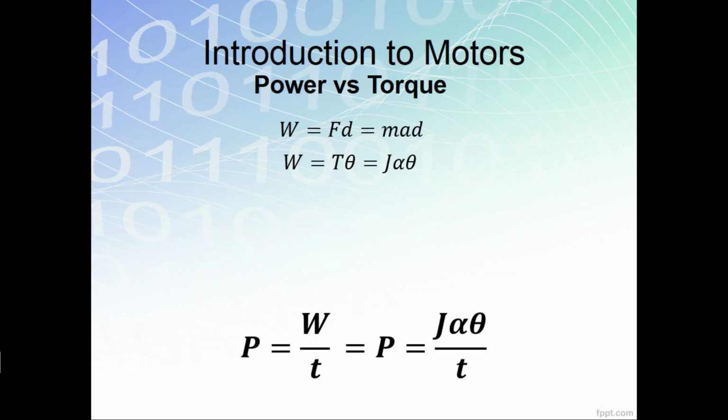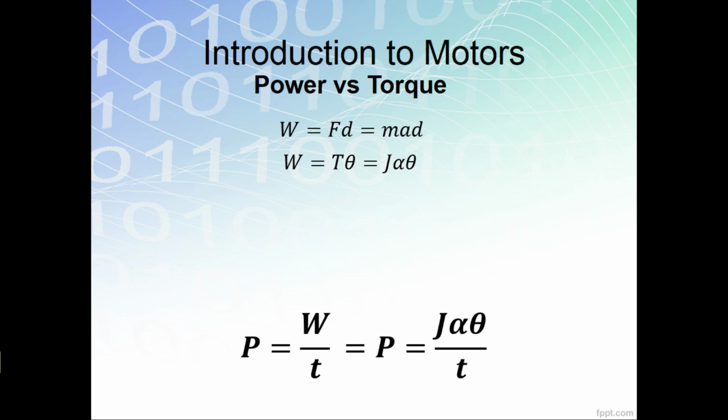Okay, so assuming that the time t is equal to 1 second and the angular displacement theta is 1 radian, that means the power would be equal to the torque. That means the motor can rotate 1 radian in 1 second using torque T. And the power would also be equal to the torque T, since t and theta would be equal to 1.